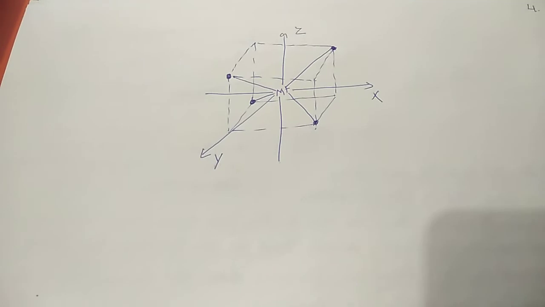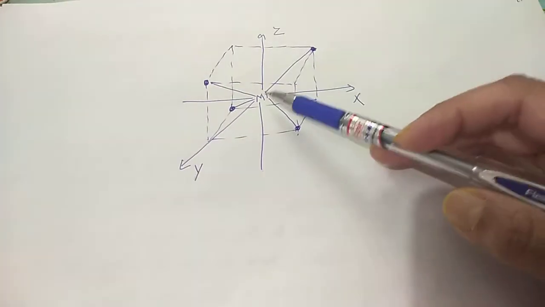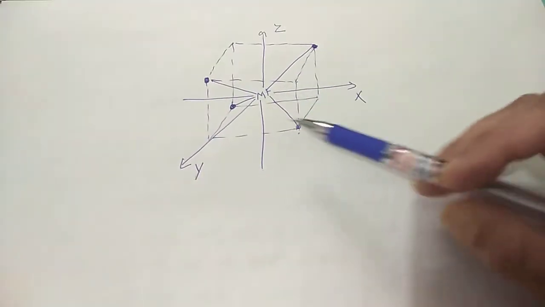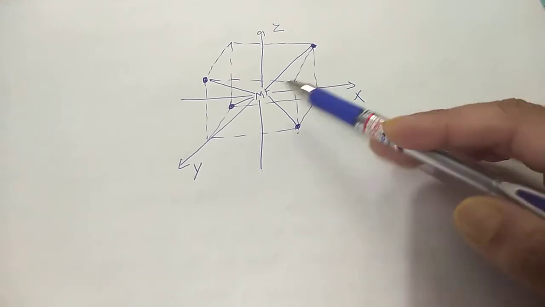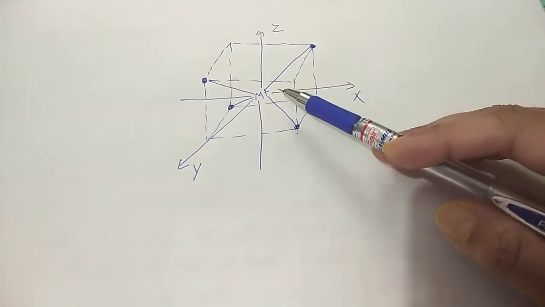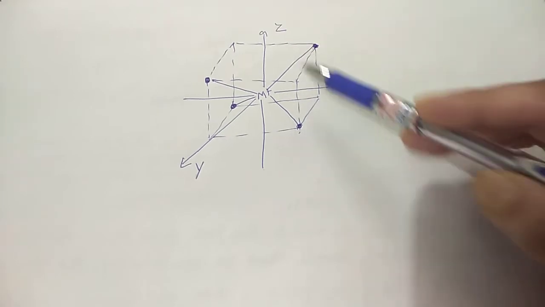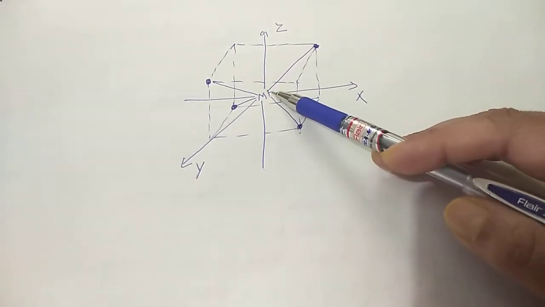keeping in mind that this is a high spin complex, and this is how the metal ion is approached by the ligands in a tetrahedral complex. These are the 4 ligands.